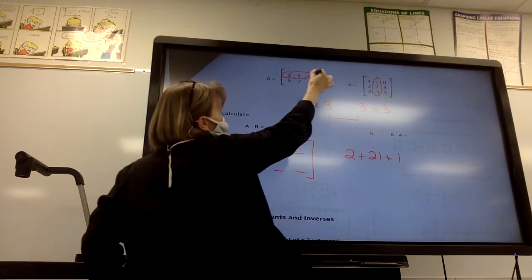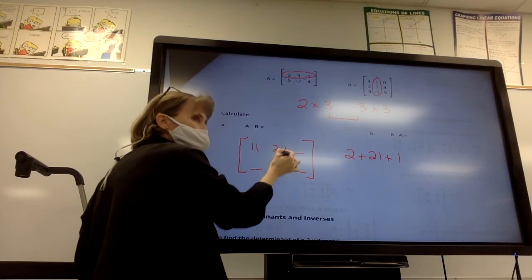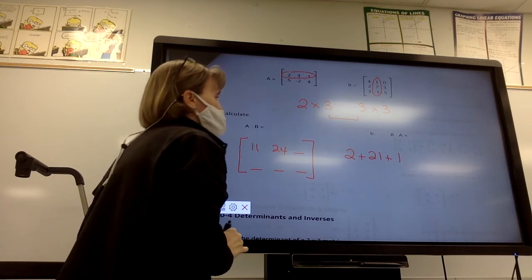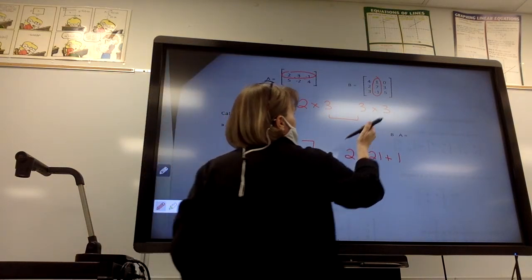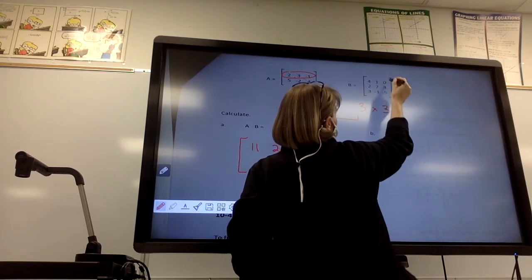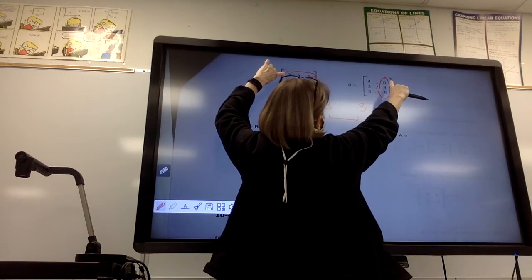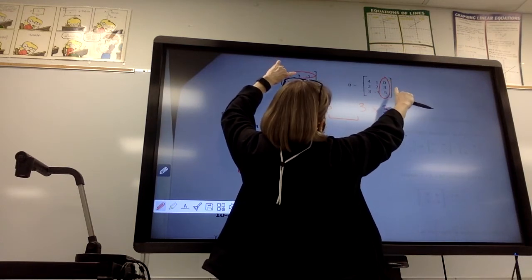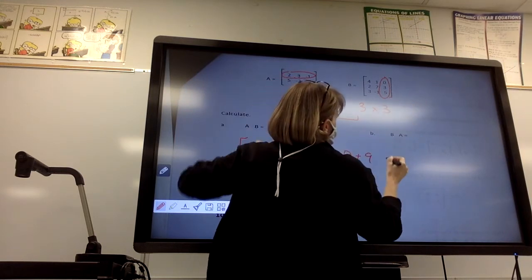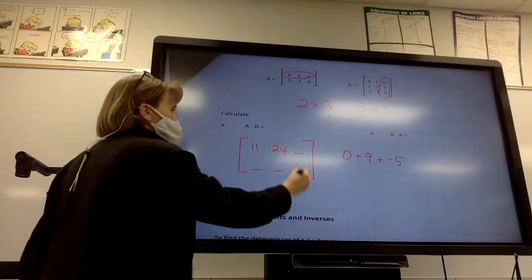And again, that was the first row, second column, so that goes in the first row, second column spot. Okay, now we move to the last column. If I take the first row times the last column, I get 0 plus 9, minus 5, and then a -5. 4.